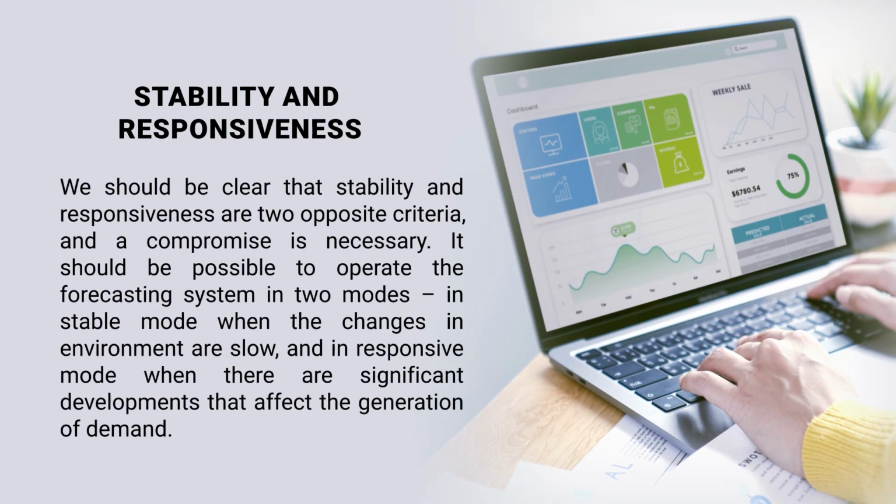We should be very clear about stability and responsiveness, two opposite criteria. Between stability and responsiveness there is a trade-off, and a compromise is necessary. So it should be possible to operate a forecasting system in two modes: in a stable mode, when the changes in the environment are slow, and in a responsive mode, when there is a significant development that affects the generation of demand.